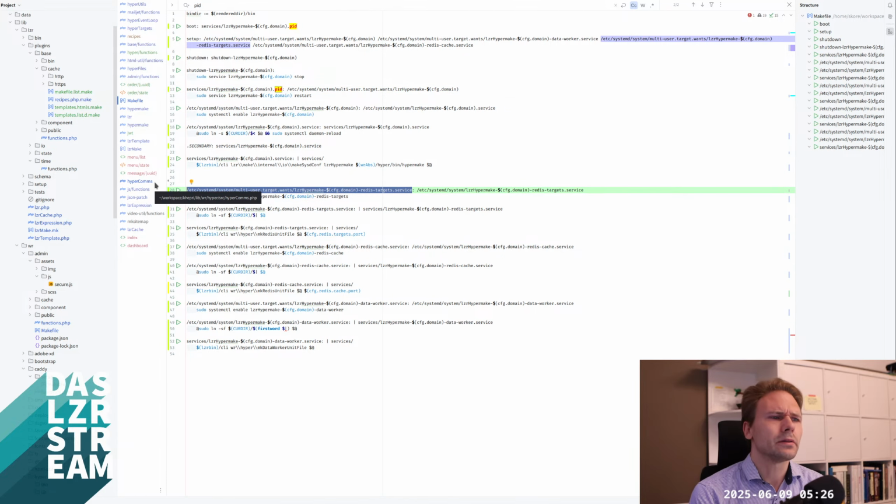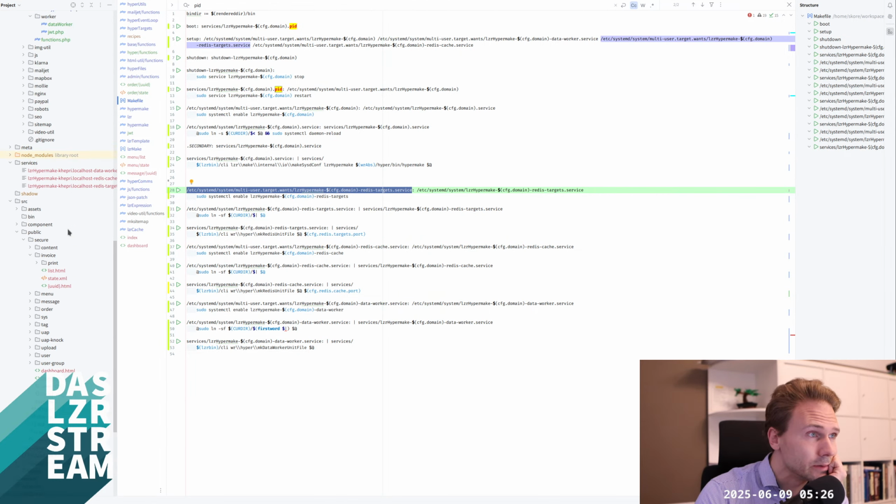Wait, how do I know that this is enabled? How do I know that this is enabled? And what is in there right now?